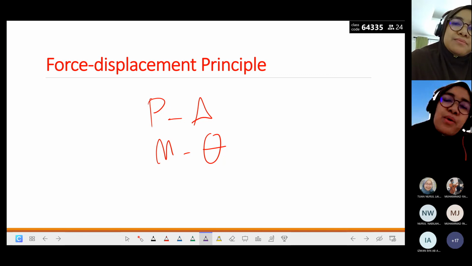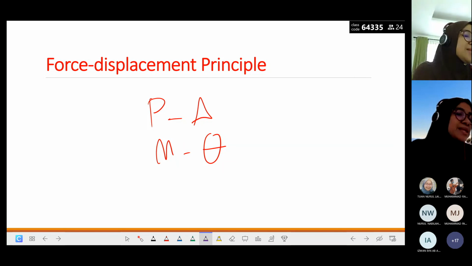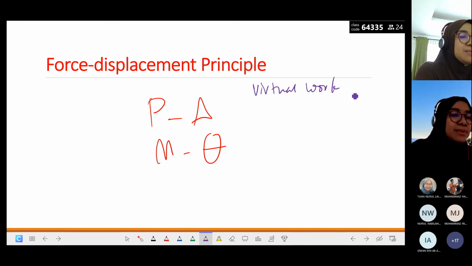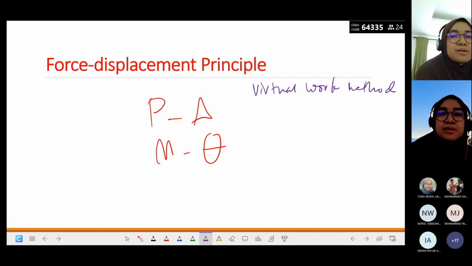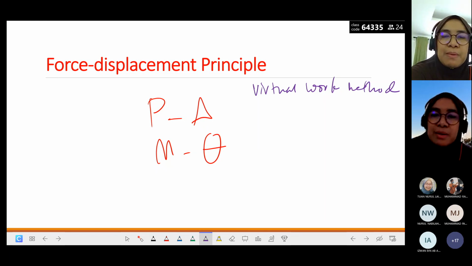to calculate what? Displacement. Yes, displacement, means virtual work method. You actually learned about this under the virtual work method or principle of virtual work or unit load method. Because in order to determine deflection or displacement, you have to apply a unit force, remember?